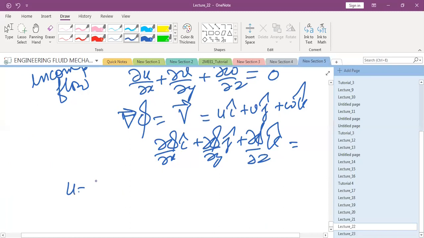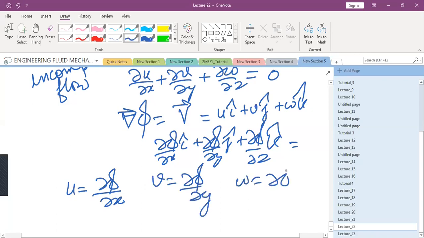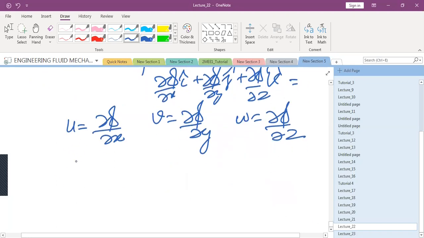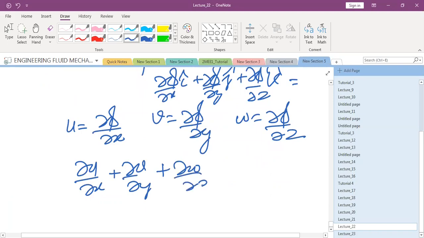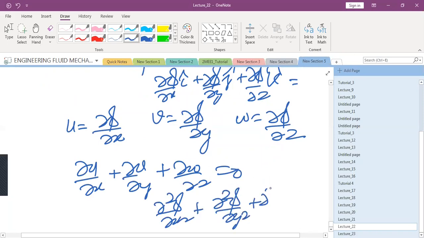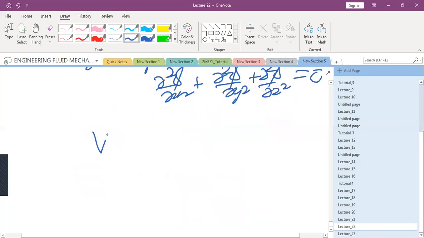U is equal to curly phi by curly x, V is equal to curly phi by curly y, and W is equal to curly phi by curly z. Now you substitute this in the continuity equation, curly u by curly x plus curly v by curly y plus curly w by curly z is equal to 0. What do you get? Curly square phi by curly x square plus curly square phi by curly y square plus curly square phi by curly z square is equal to 0. And what is this equal to? If you remember, del square phi is equal to 0.